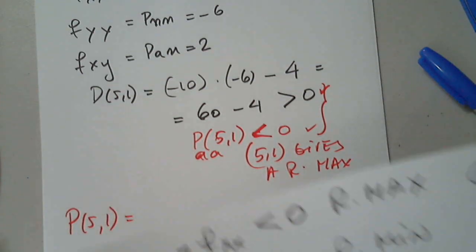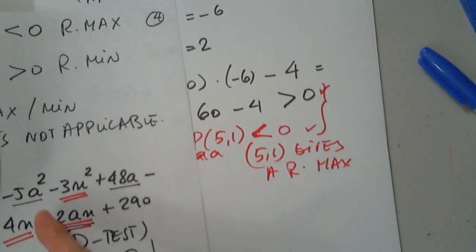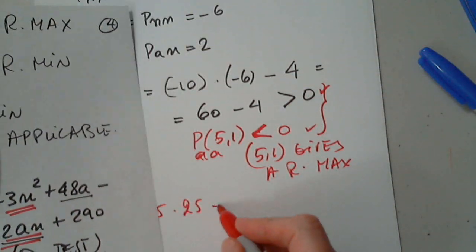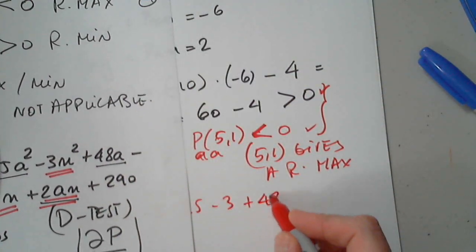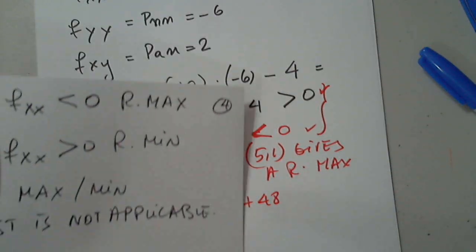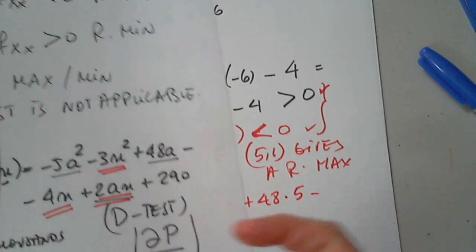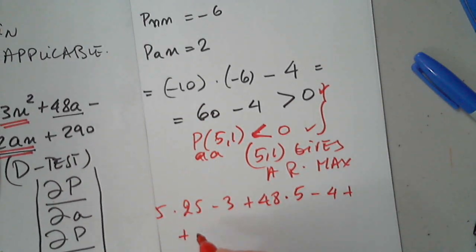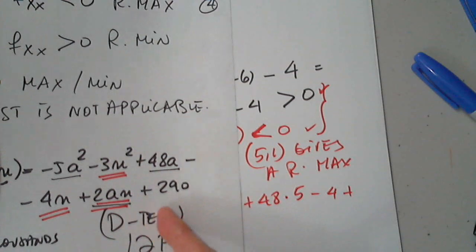Okay, I have to go back here. So I have negative 5 times 25, minus 3 times 1 squared, which is 1, plus 48 times 5, and minus 4 times 1, which is 4, and plus 2an, so 10, and plus 290.